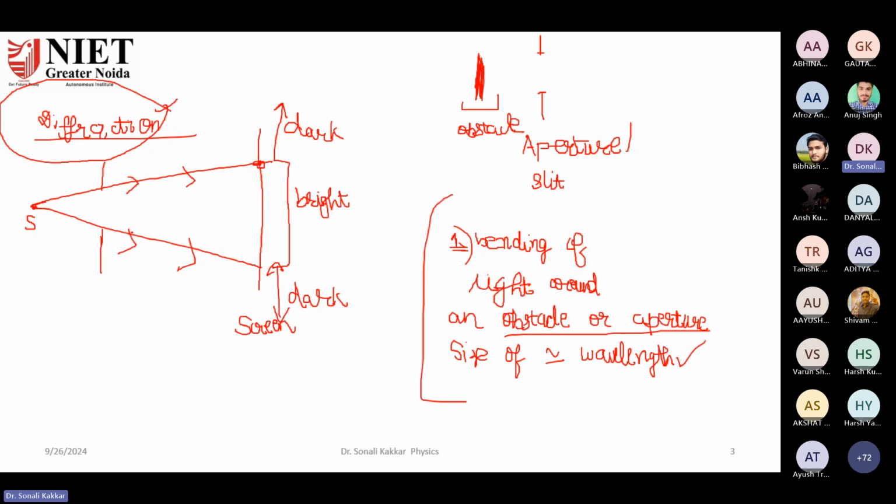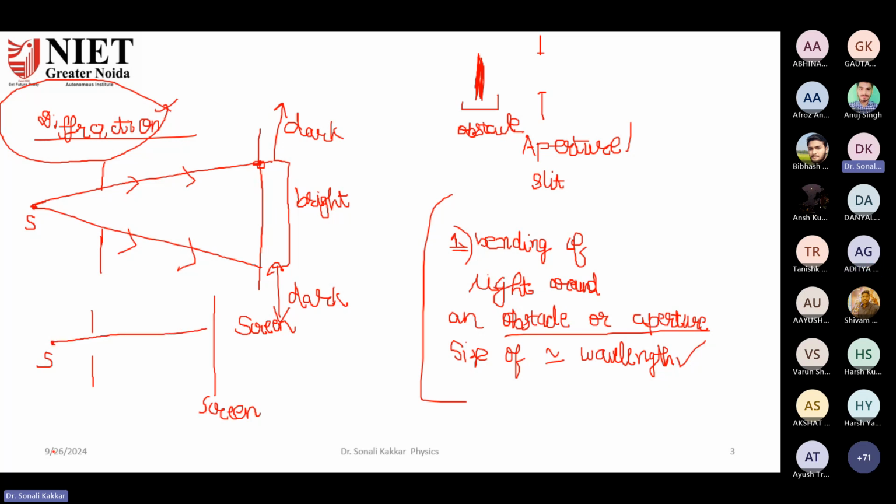Okay, so if the size of the slit is large, what will happen? There will be a bright region in the direct path of light and a dark region above and below. But if you reduce the width of this slit, what will happen? Now there is a screen, and this is the slit, and you placed a source of light over here. What should be the ideal scenario?